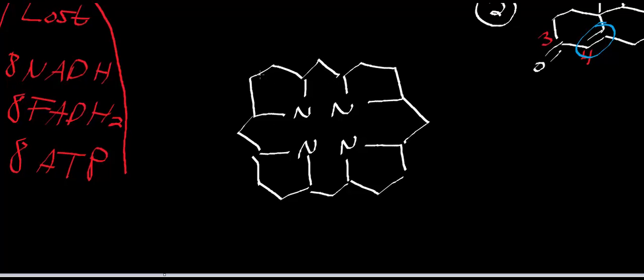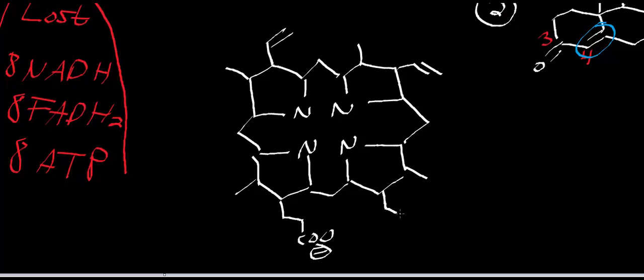I don't know that they've actually proved that it's allosteric, but it's thought to be regulated allosterically by this molecule, and it's going to be heme. It takes a while to draw sometimes, but it's allosterically inhibited by heme.